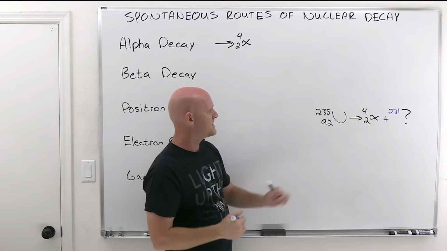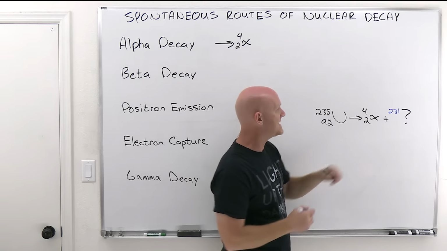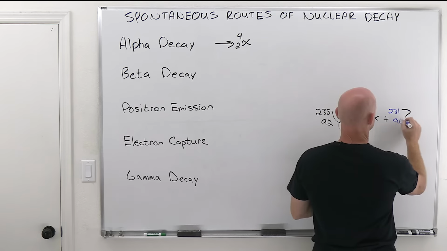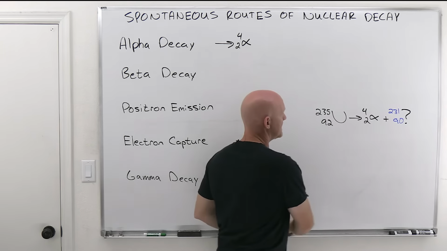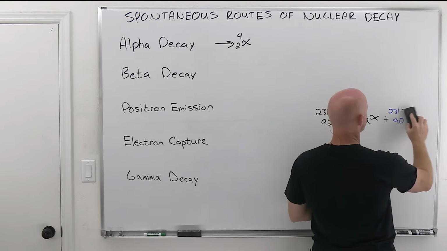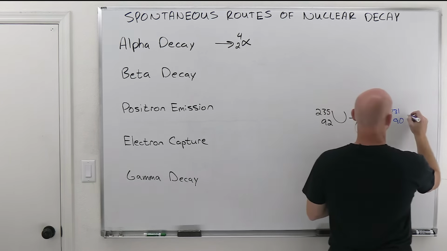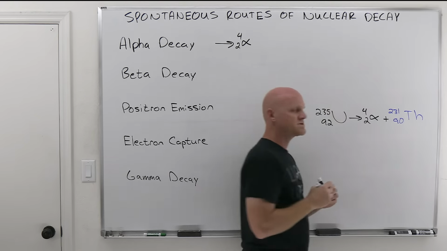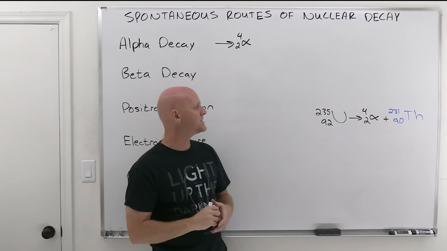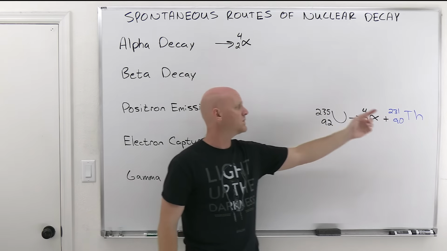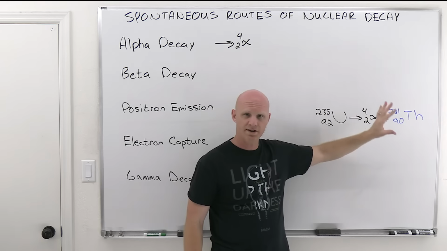There's our mass number. And then 92, well, 2 plus 90. So an atomic number 90 happens to correspond to thorium. So the product of the alpha emission of uranium-235 would be thorium-231, as we just figured out.